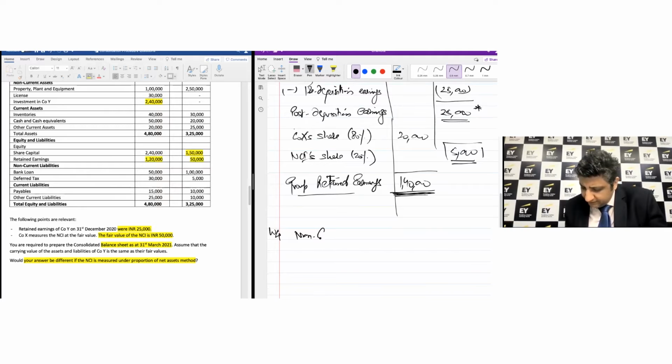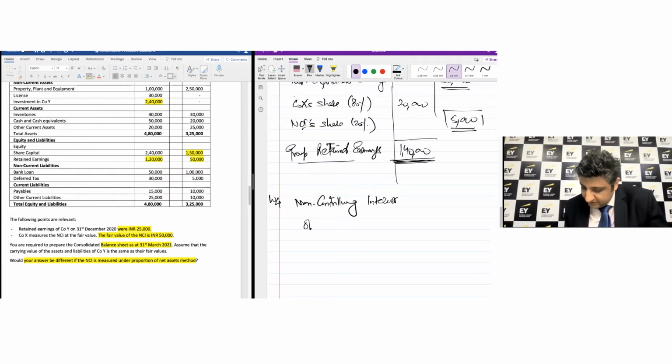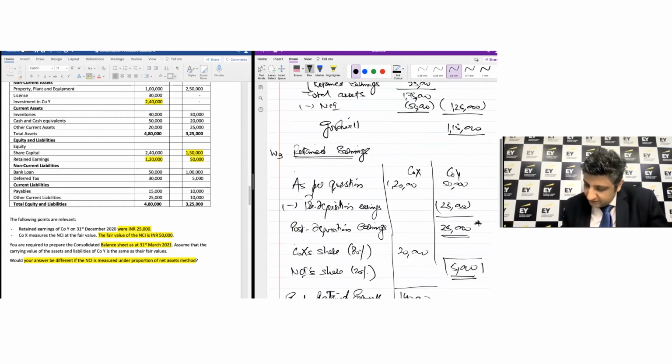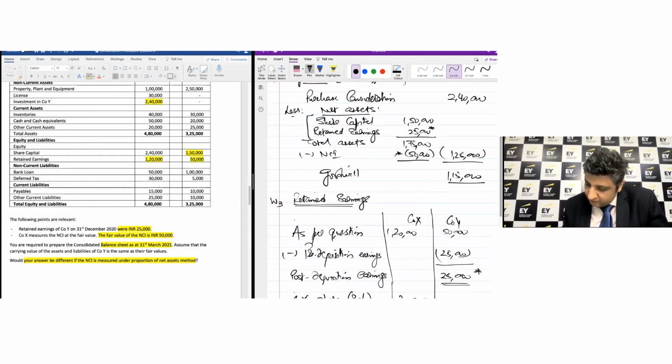Okay, by the way, there is also another working that we want to do now, because there is a movement, a change in the value of the non-controlling interest, which we're simply saying is the opening balance that we are provided with, which is of course this value of 50,000.